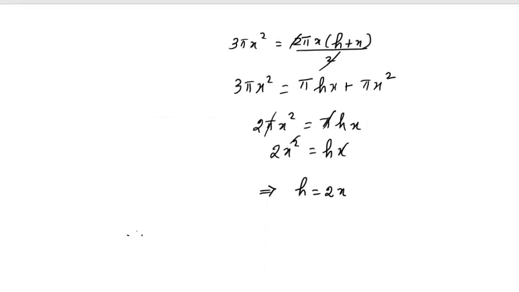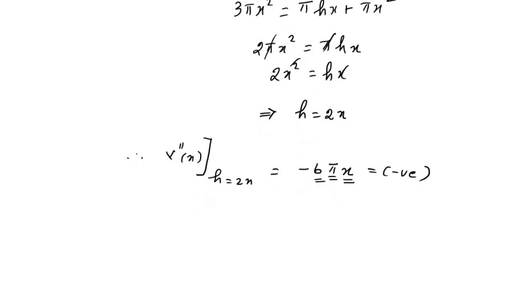Therefore, V double dash of x when h is equal to 2x, that is equal to minus 6 pi into x. No need of substituting, x is equal to h by 2. X will be always what? Positive value only. Therefore, this will be what? Already this is a negative. X is positive, pi is positive, 6 is also positive, then minus. Therefore, that I will be getting what? Negative.